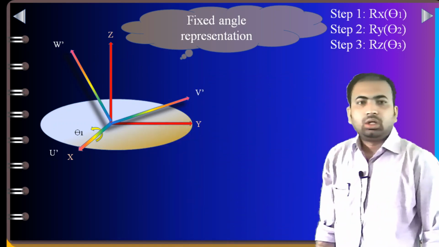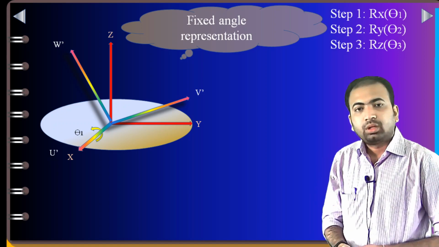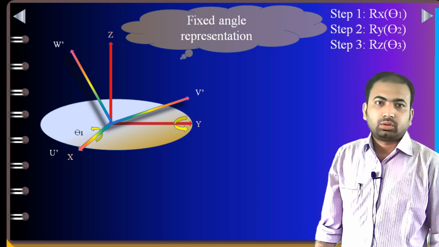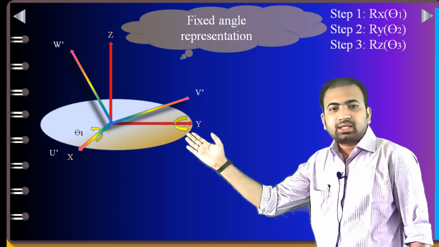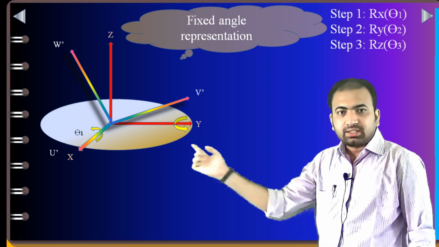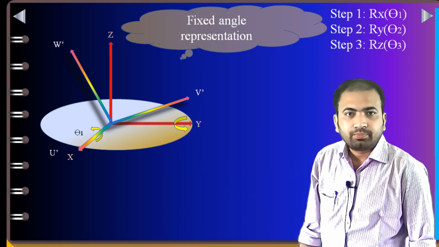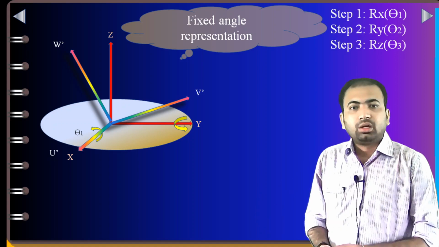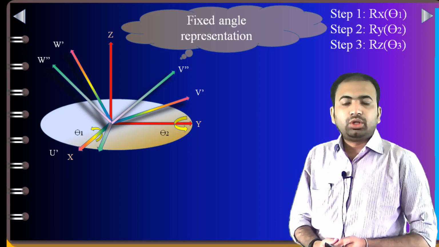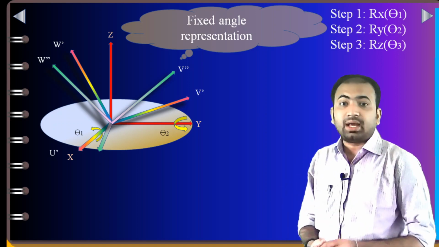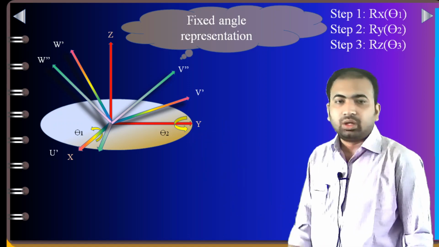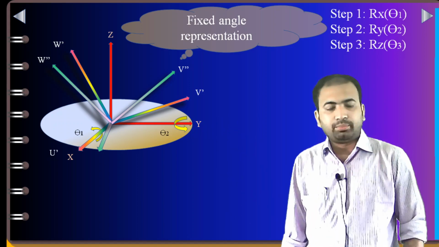And the second step is Ry, that means the y axis has to be rotated by an angle theta 2 in the anti-clockwise direction, as already given here. So we get the second position of the newly constructed frame, which will be denoted as u double dash, v double dash and w double dash, as you can see in the diagram.